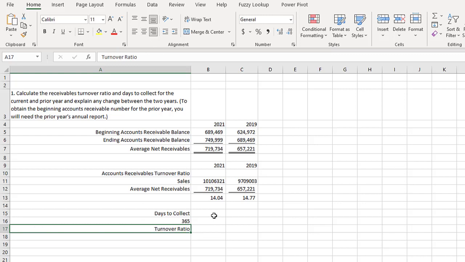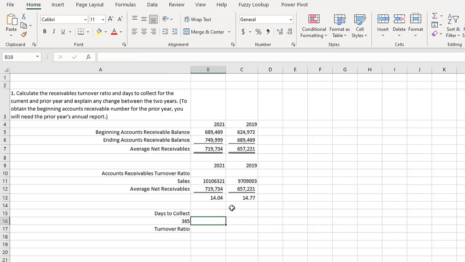I'm going to do it for the same years. I won't repeat the years, since I know they're right under it. In fact, I may clear these out, that makes it look a little neater. All right, so days to collect. So I'm going to take 365 in both of these.